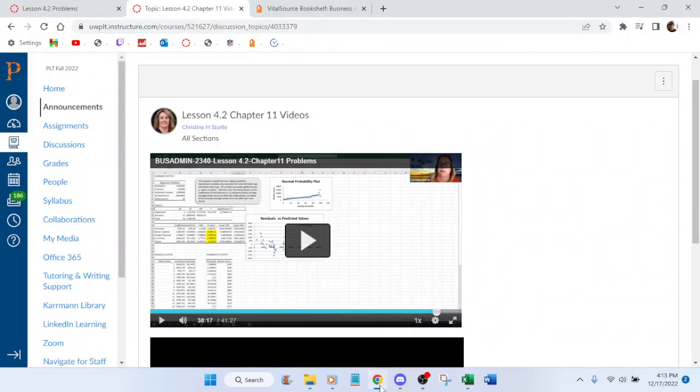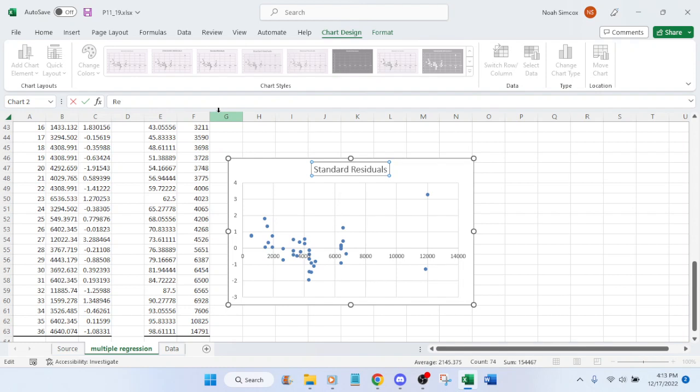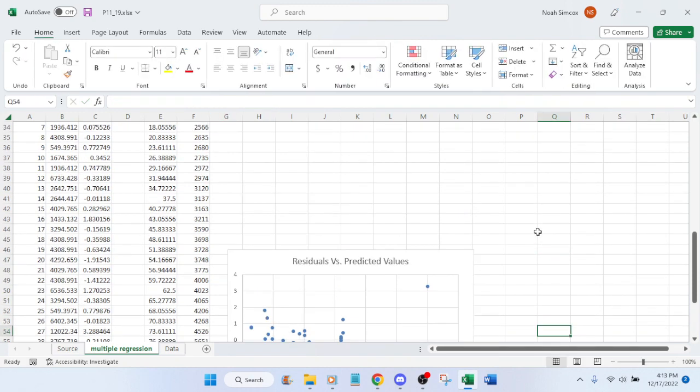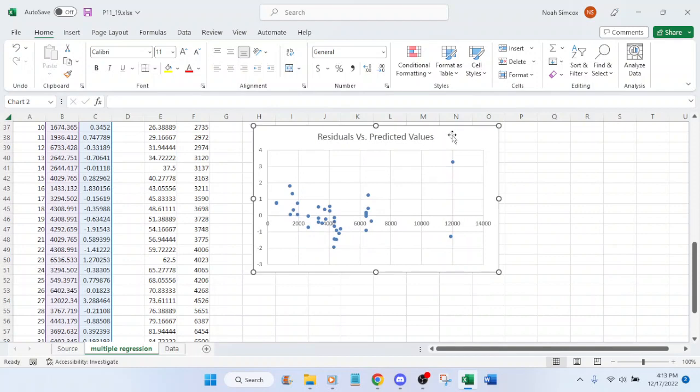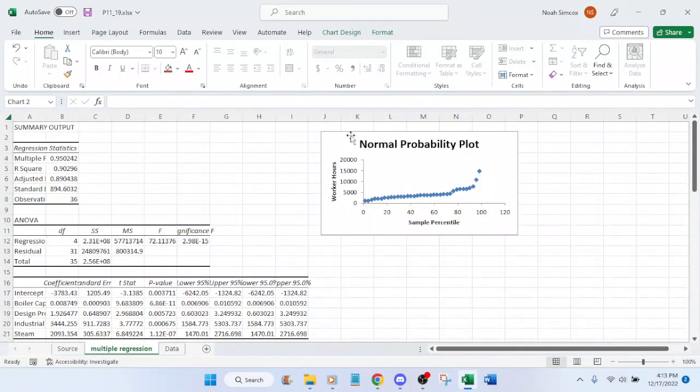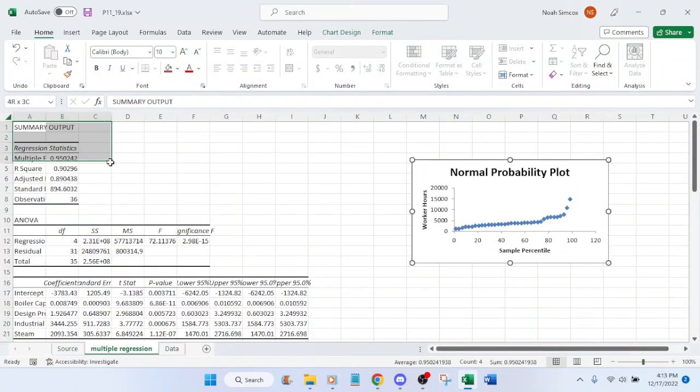Residuals versus predicted values. So we have that and this. Oh, I forgot to do the thing.